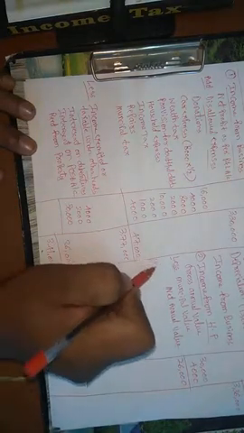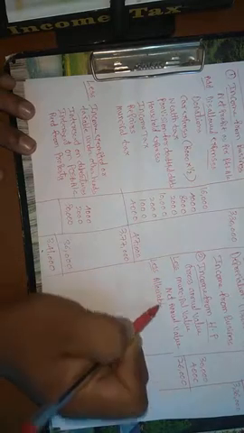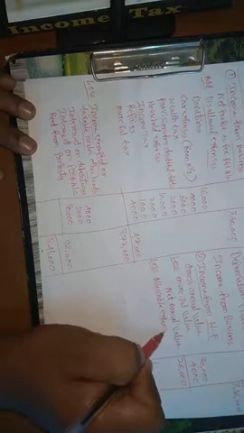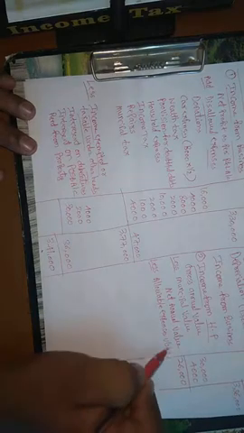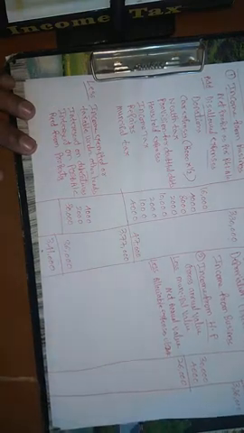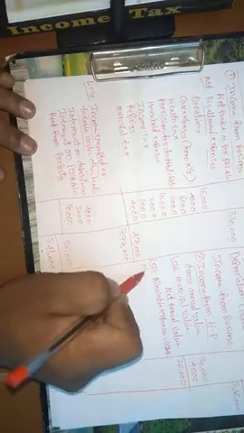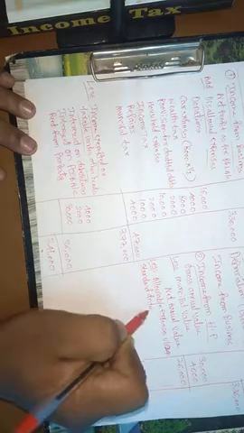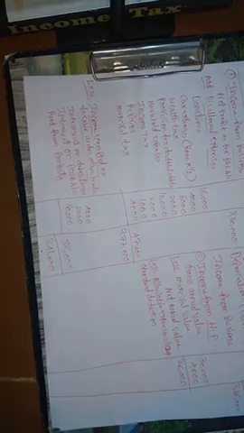In this, less allowable expenses under section 24, that is standard deduction.